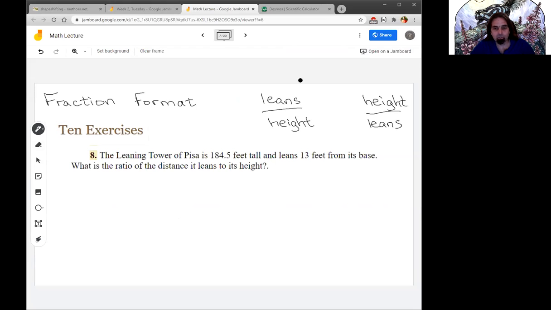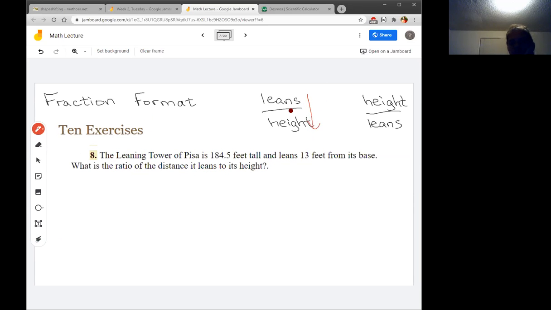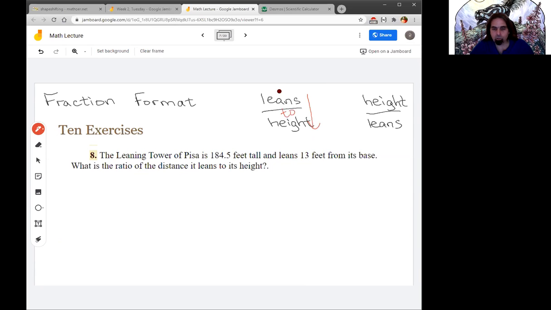In the privacy of our own home, we could write it either way, but which one does it want? What is the ratio of leans to height? Leans coming first. So instead of per, now they're using the word to, but leans to height.